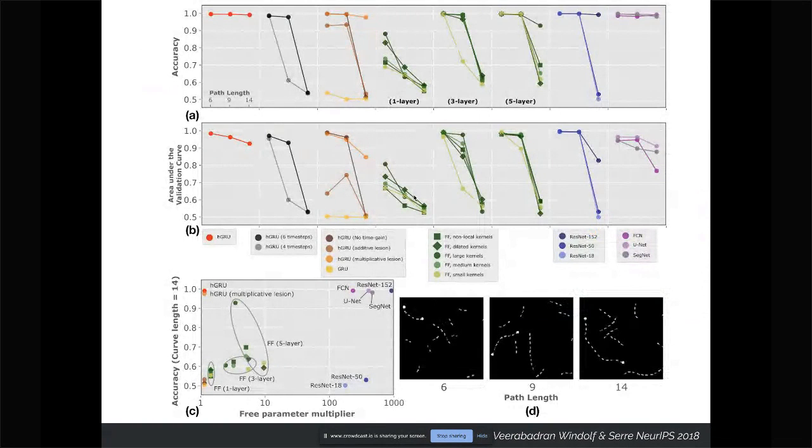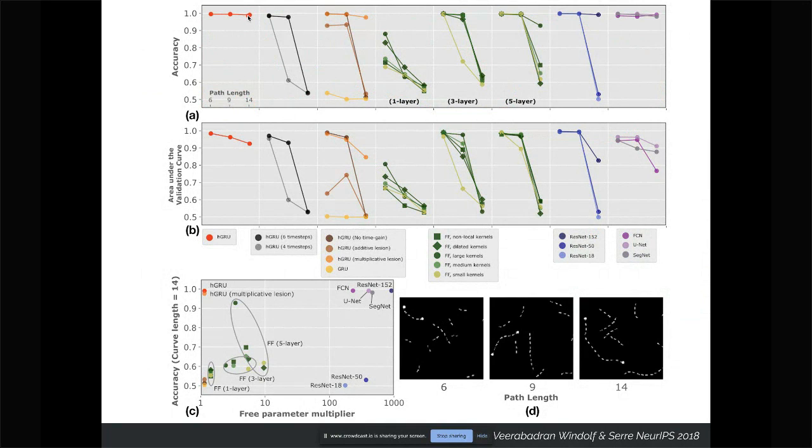So there is a lot of information on this figure, and that reflects the fact that our reviewers wanted a lot of controls and for us to test every possible architecture. But I'm going to draw your attention to the top row here. What you see here in red, accuracy on the y-axis, and then we have the accuracy over different path lengths.